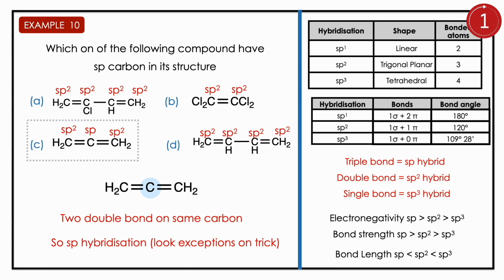So that could be our answer, but we should eliminate D also. In D, all carbons are sp2 because all are connected with double bonds. So the only choice is C, the middle carbon connected with two double bonds, so sp hybridization. The concept you have to learn here is that a carbon with two double bonds has sp hybridization.